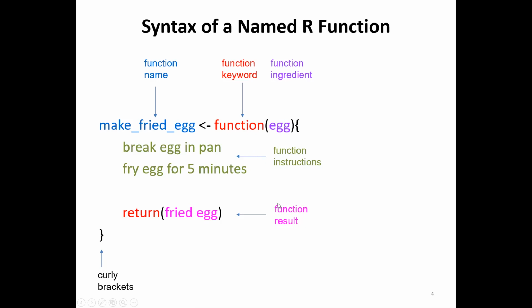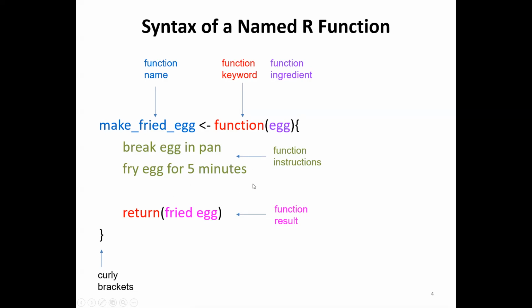Then you need the curly brackets, which encompass your instructions, written line by line: break the egg in the pan, fry the egg for 5 minutes, etc. And then at the end, you return the result, which in this case will be the fried egg. Usually all the named functions will look like this. When the functions are anonymous, a lot of this goes away, and you can actually be left with just the curly bracket stuff.